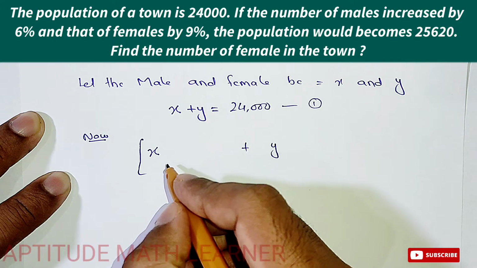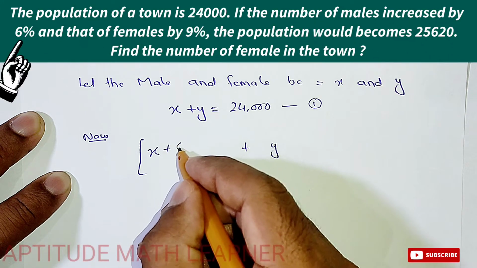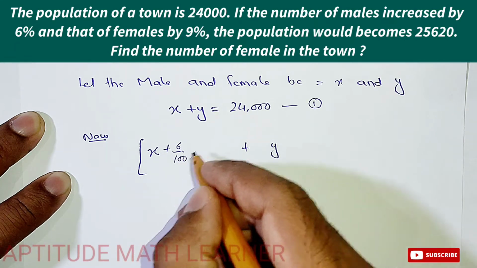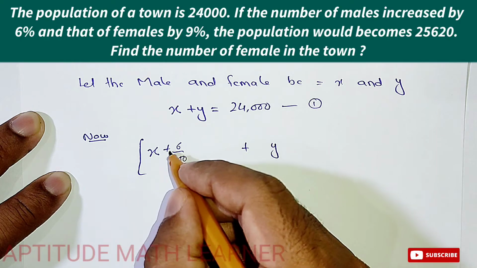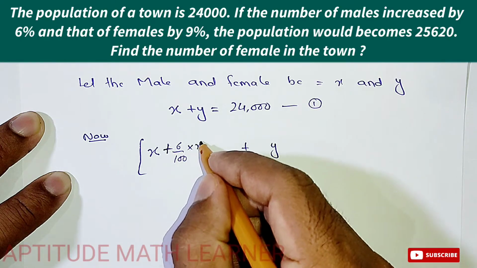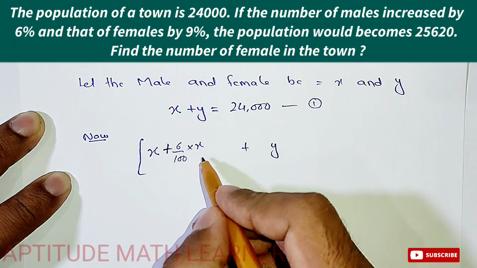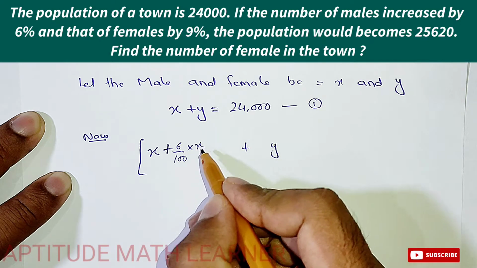How much does the male population increase? 6% of the male population, so 6% of X.